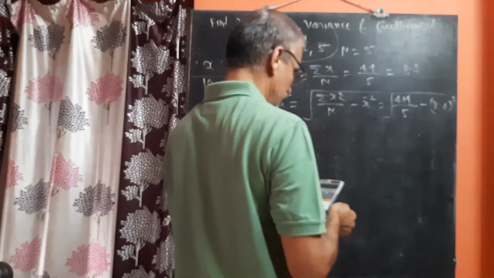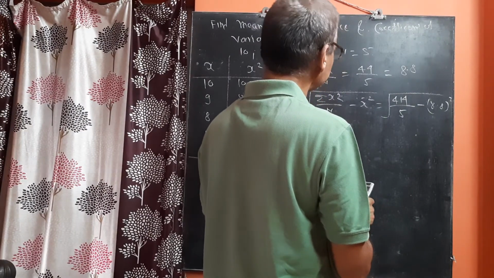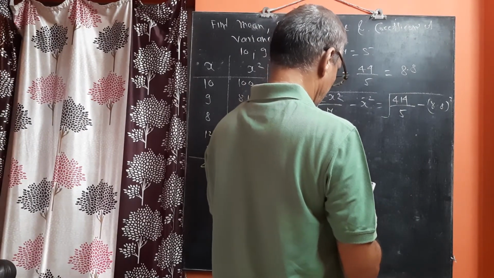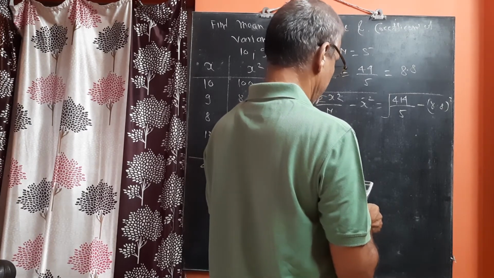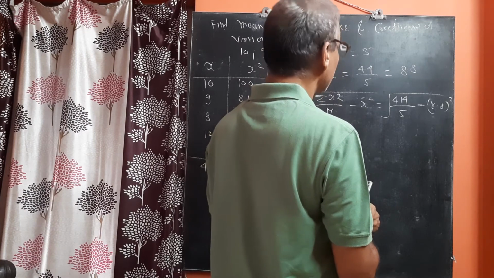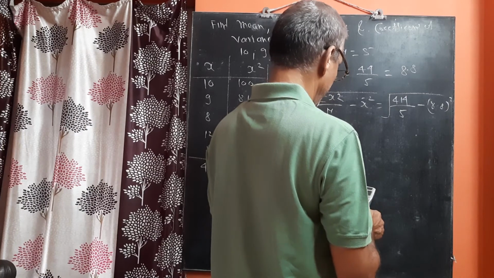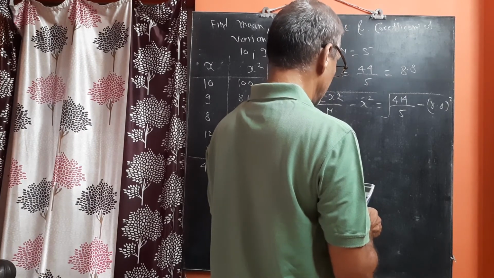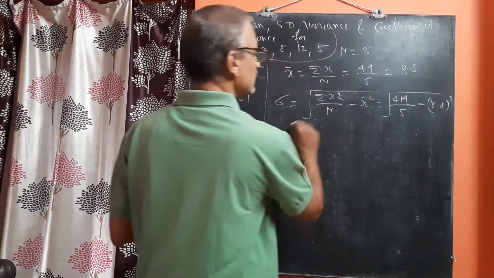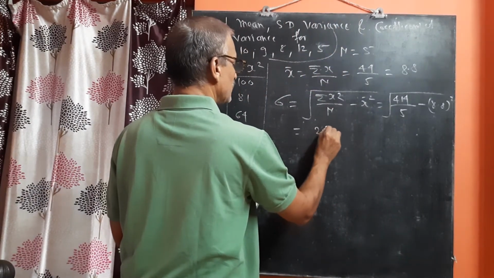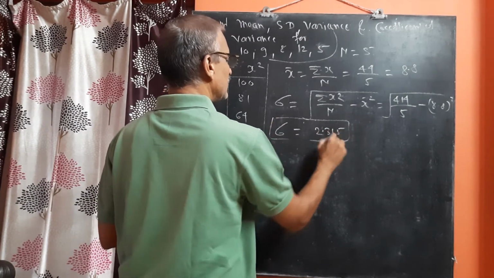Now you can calculate it directly: square root of 414 divided by 5 minus 8.8 the square equals 2.315. This is the complete calculation. So the value of sigma equals 2.315.